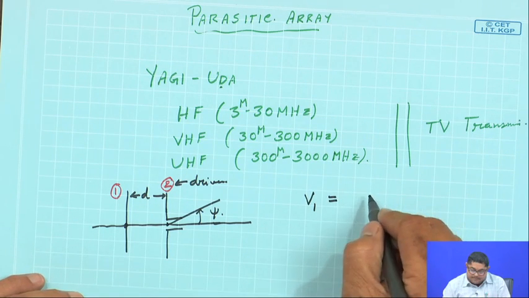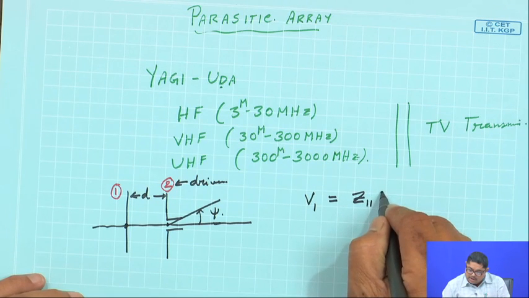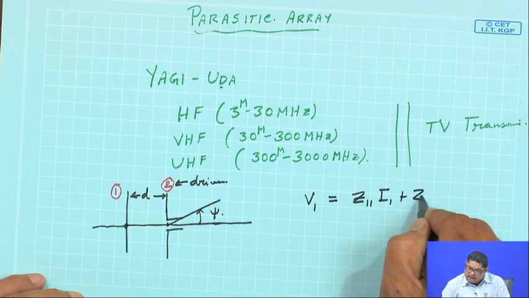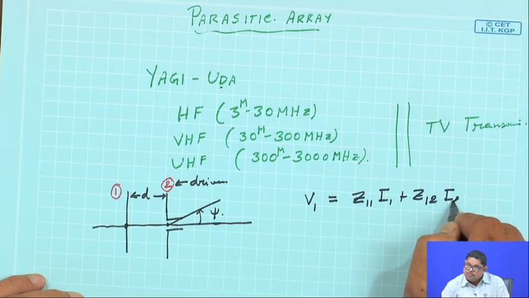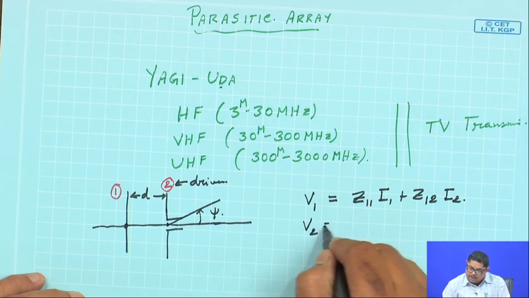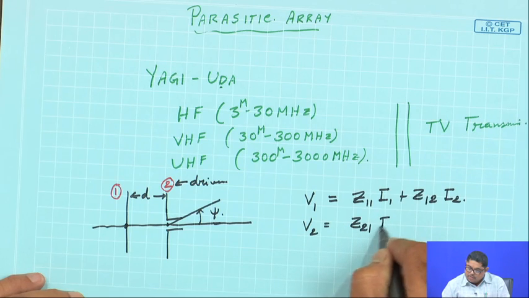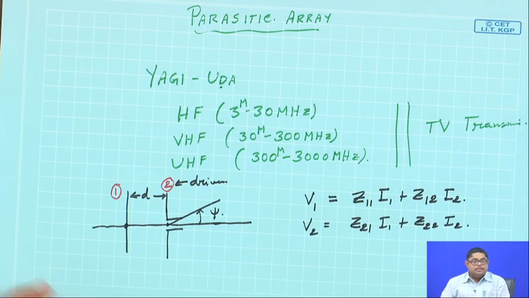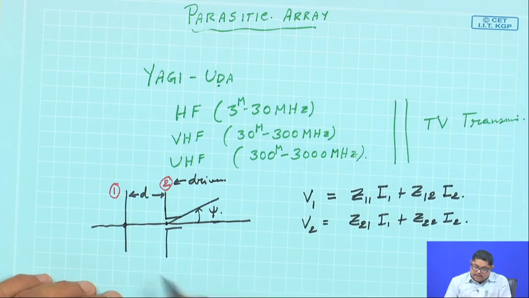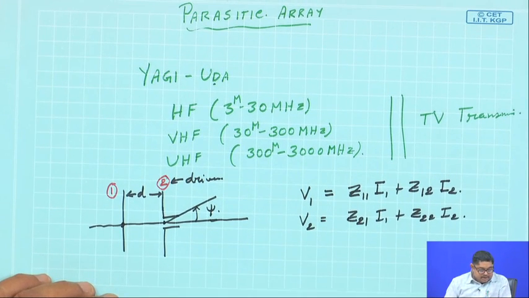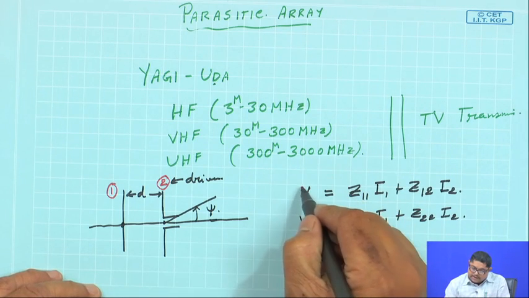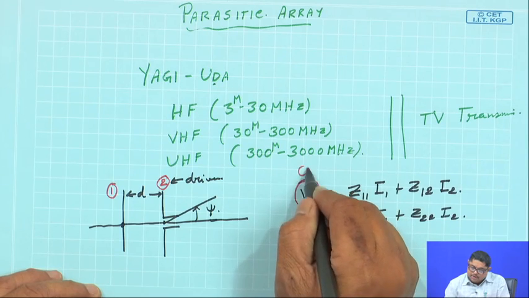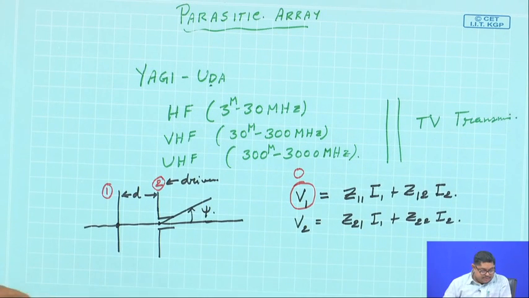V 1 will be Z 11 I 1 plus Z 12 I 2, and V 2 will be Z 21 I 1 plus Z 22 I 2. Can I write this for a 2 port network? And this element 1 is not driven, so this voltage will be 0.